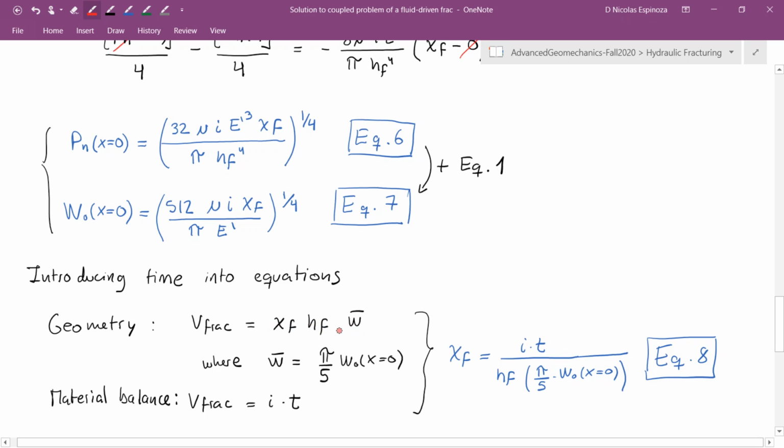So this is a volume, where the average width gives us the volume when we multiply it by these other two. This is just a geometry problem, and you can show that the average width is a function of the width at the coordinate x equal to 0 times pi over 5.